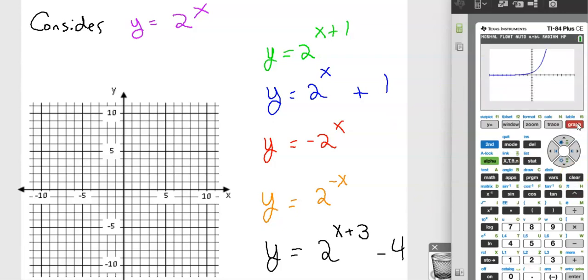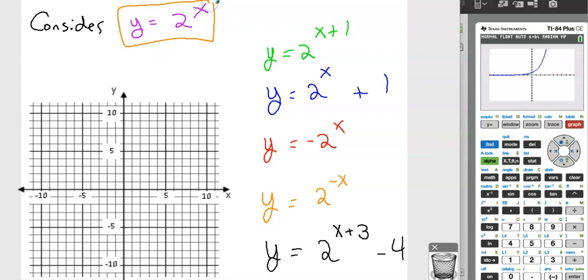Okay, now this is the parent function. And I want you to notice each of these functions, and how does it, without using our calculator, we can use our calculator for all this, but without using a calculator, we talked about transformations earlier. And so what does this +1, notice the +1 is up in the exponent area, what would that +1 do to it?